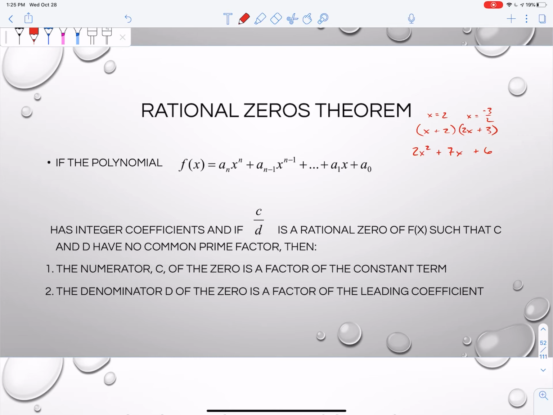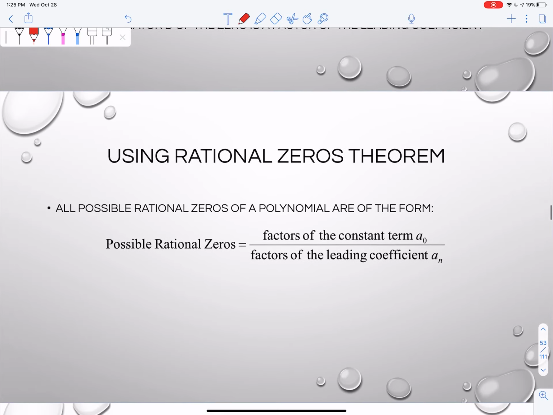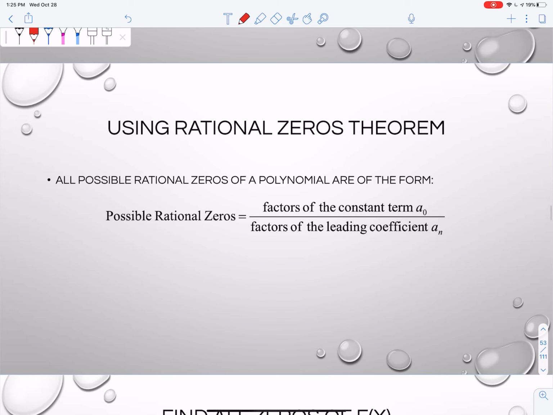So how in the world are we going to use this? Well, let's take a look. So the rational zeros theorem, or RZT, is how I'm going to abbreviate that when we go forward and start using this. We're going to generate a list of all of the possible rational zeros of my polynomial function based on the following ratio.